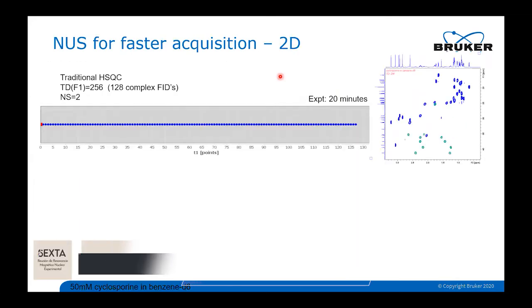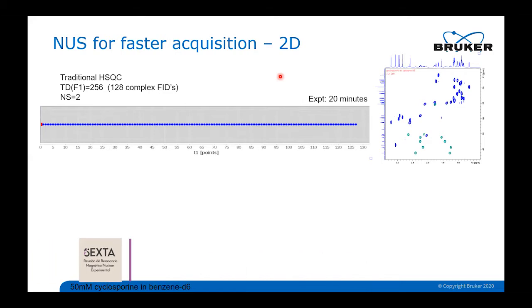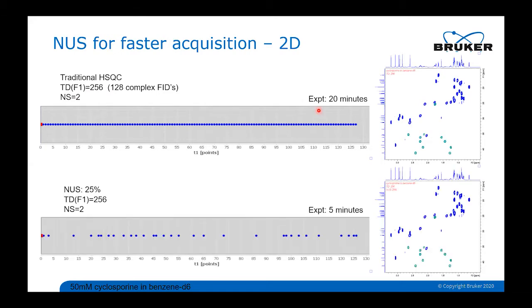As a practical example, here is a traditionally acquired HSQC of the sample cyclosporin in benzene. We use 256 data points in the indirect dimension, which corresponds to 128 complex FIDs, with 2 scans per increment, for a 20-minute total time HSQC, so a fairly standard acquisition. What we can do with non-uniform sampling, though, is acquire only 1/4 of these data points.